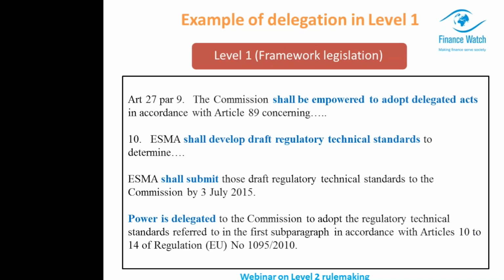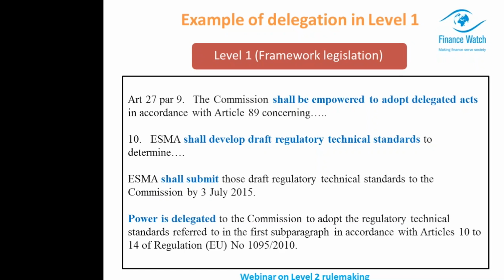I also want to give an example of how the framework legislation words the delegation, to give you a better overview of what to expect. As you see in Article 27 of MiFID, which relates to the obligation to execute orders on terms most favorable to the client, there is a call for the Commission to adopt a Delegated Act. Then there is a call on ESMA to develop the draft regulatory technical standards.